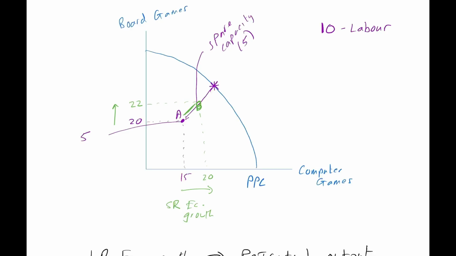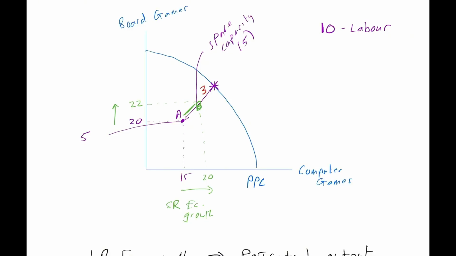Short-run economic growth because the actual number of board games and computer games has increased. Now, currently then, we have 7 units of labour in work at point B, but we still have a spare capacity of 3 units of labour, okay, 3 units of labour that are currently unemployed. So they are considered spare capacity.